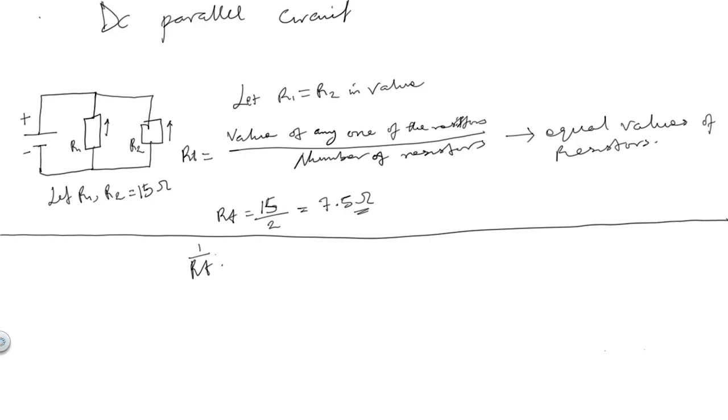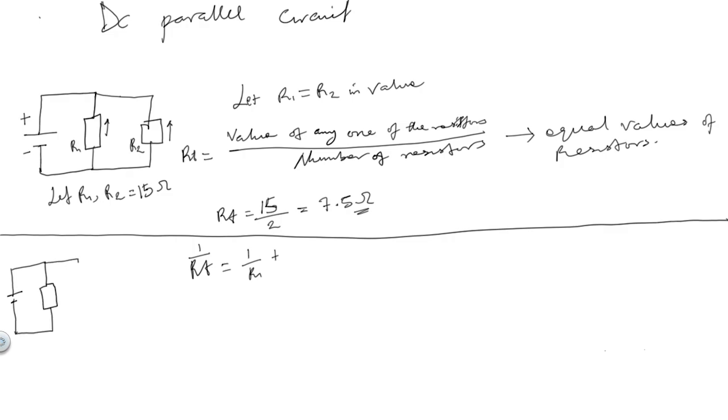1 over RT is equal to 1 over R1 plus, let's say the resistors now are R3. Let's just draw a new circuit. I believe it will be better than just using that. Let it be more than 2.